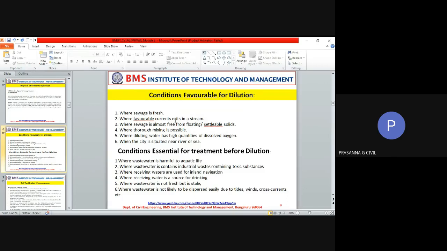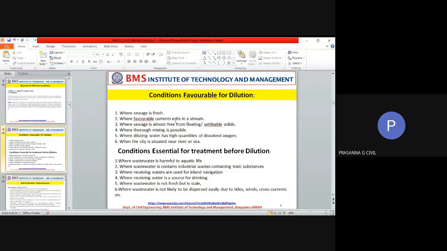Whereas you can think of a stream or a river which is flowing with a lot of movement in the water. Not only the flowing action, but the currents, rapids or falls present in the water are very favorable to allow for dilution, because the more such things present along the path, the more the air mixes with the natural water body, and the more dissolved oxygen there is, the faster the clearing up of all the waste which enters into the water body.